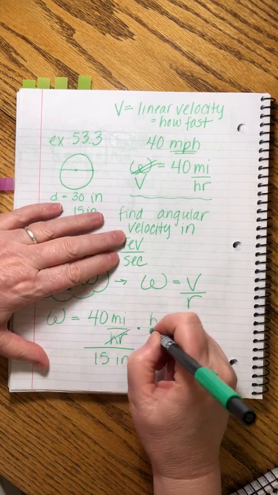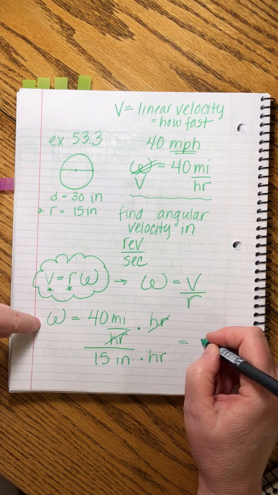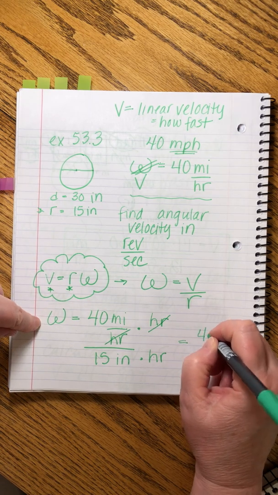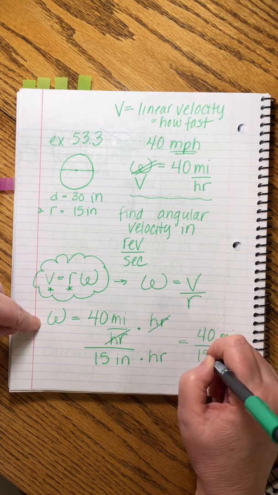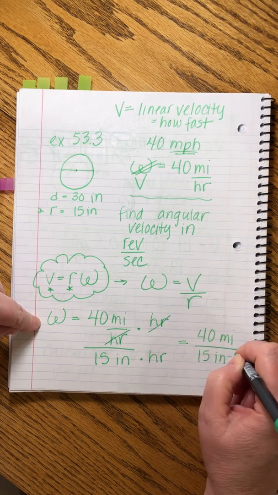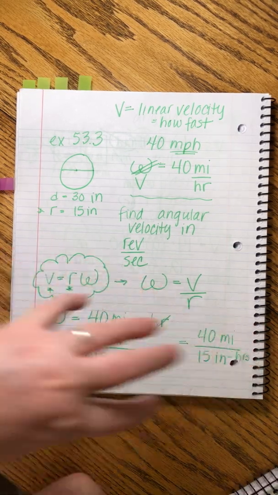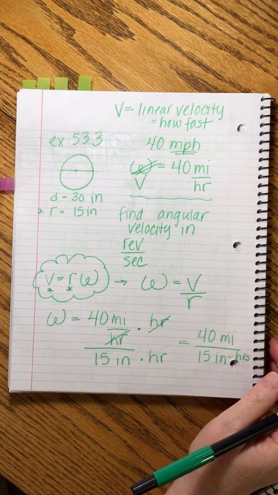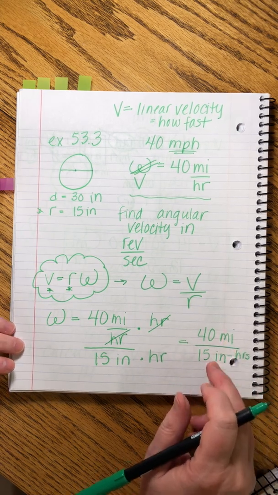This now cancels, and we say that our linear velocity is 40 miles per 15 inch hours. Is that weird enough for you? It's very weird for me. Let's take that to the top of the next page, and then we'll have to convert that so that the distances are the same.